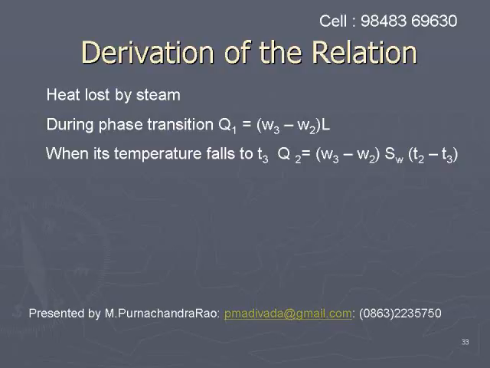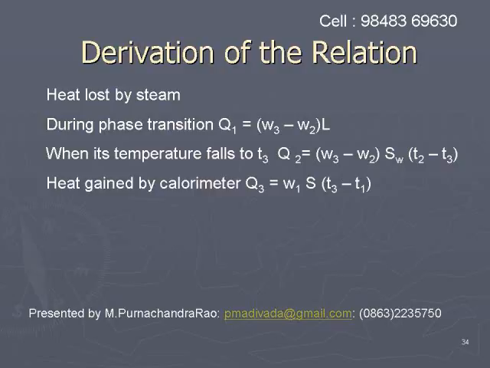Q2 is equal to (W3 minus W2) into SW into (T2 minus T3).